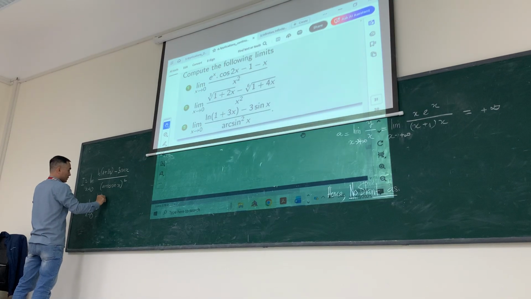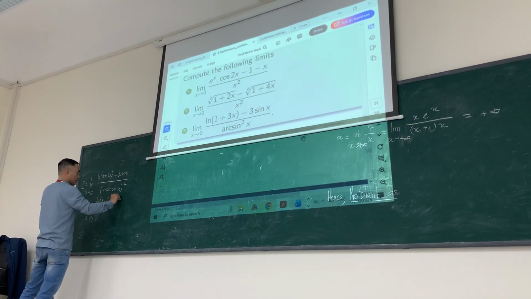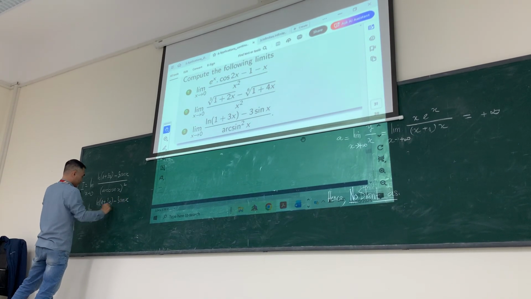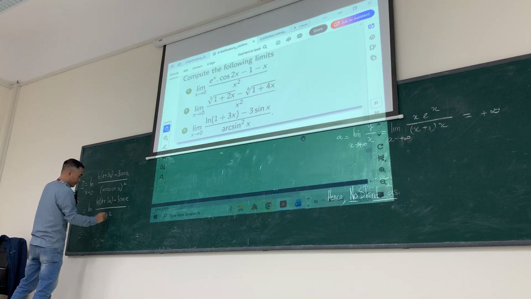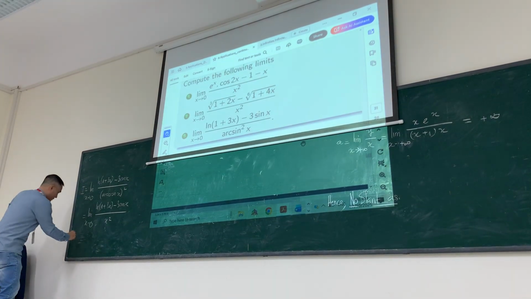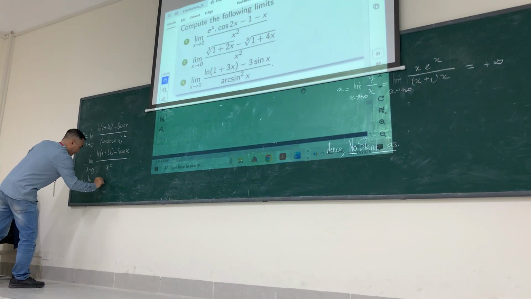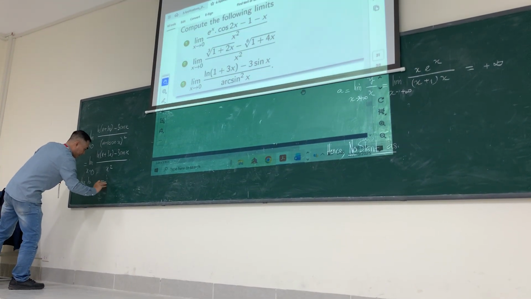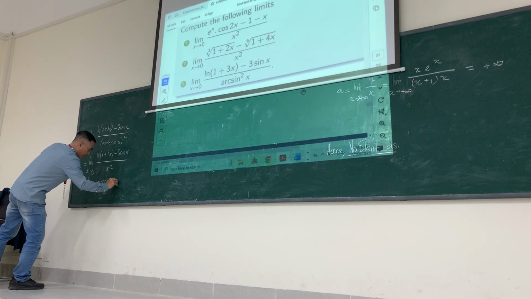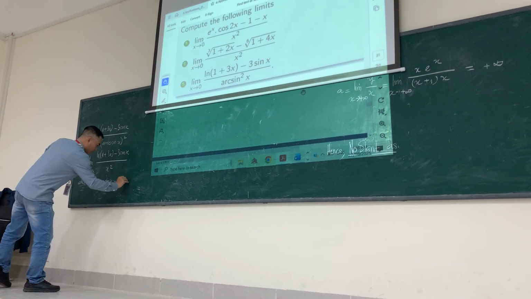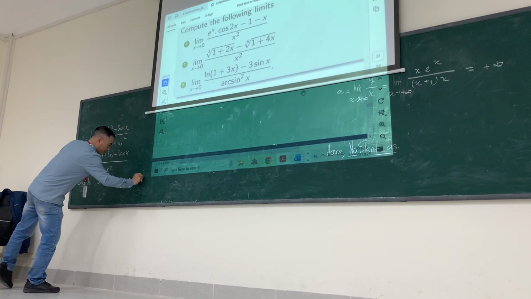Natural log of 1 plus 3x, minus 3 sin x, over x squared. Okay? Because sin x is equivalent to x as x tends to 0.